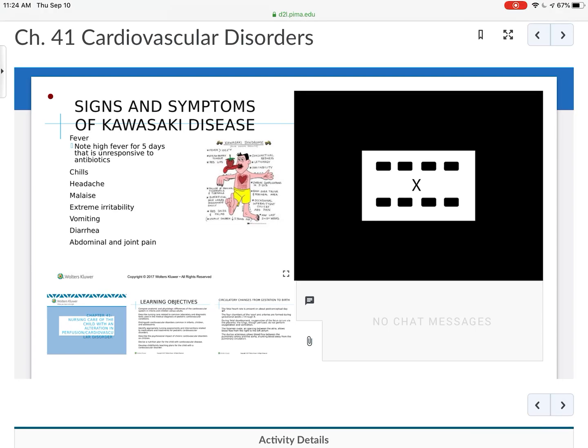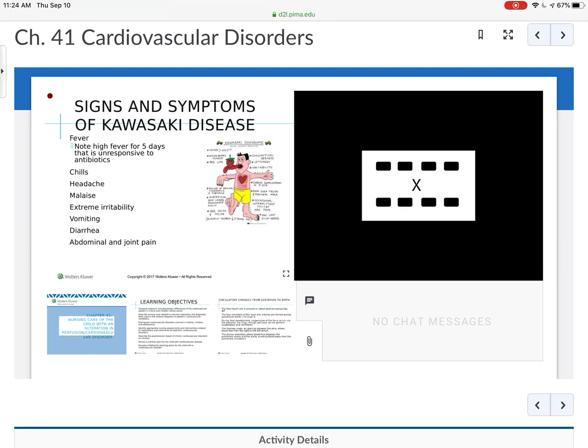Kawasaki disease is another one that we see. It's a vascular heart disease, usually high fever, chills, irritability, inconsolability, vomiting, diarrhea, abdominal pain. Usually affects kids 6 months to 5 years old, leading cause of acquired heart disease.